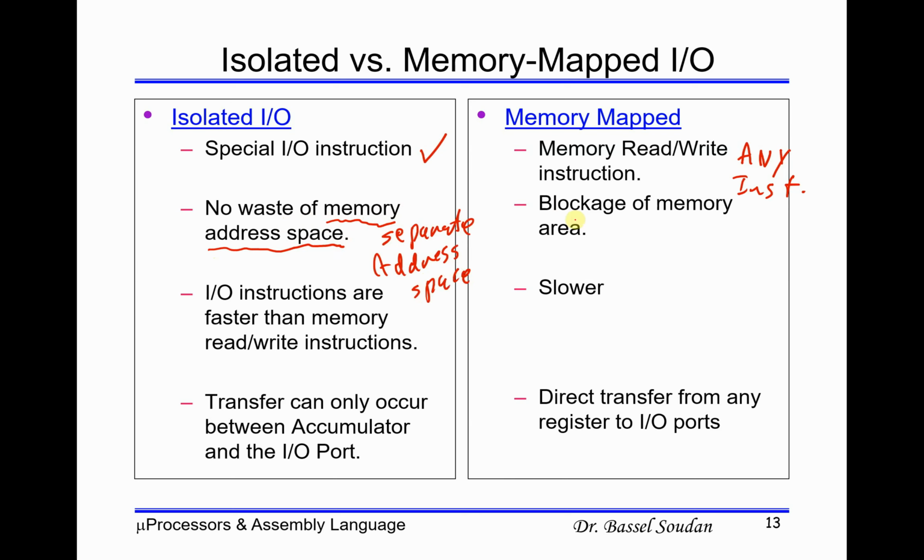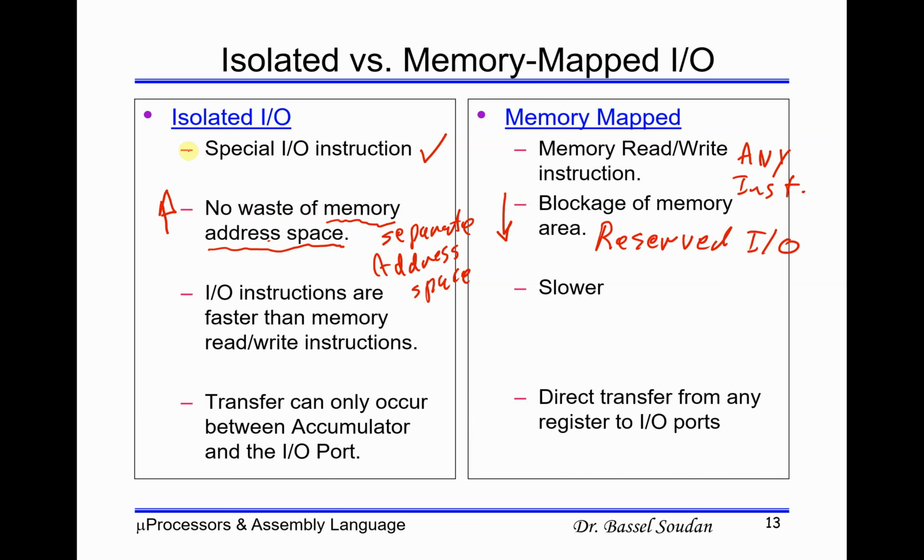In memory mapped, a block of memory is reserved for I/O, so this is definitely a disadvantage compared to the isolated. Because I am losing part of my address space, this could be identified as an advantage in the isolated I/O compared to the memory mapped I/O.